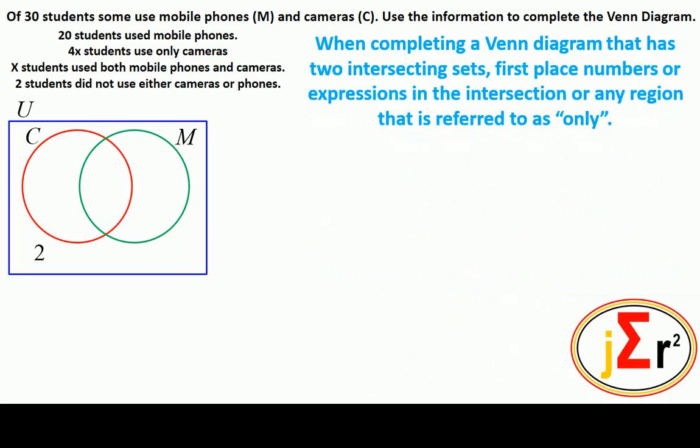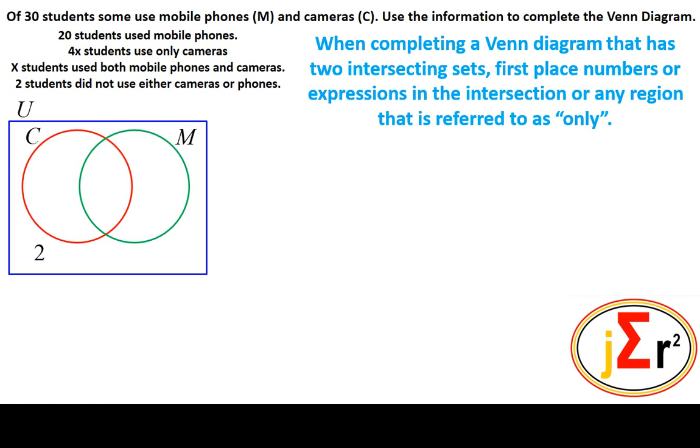When completing a Venn diagram that has two intersecting sets, first, place numbers or expressions in the intersection or any region that is referred to as "only." Why do we do that first?